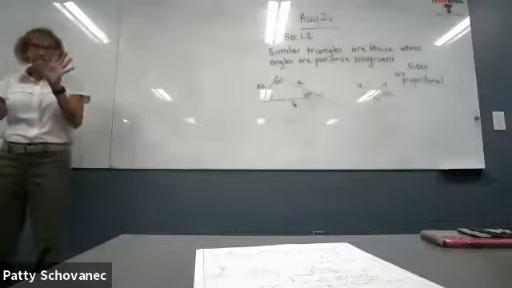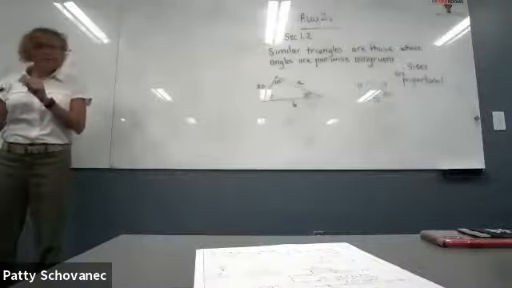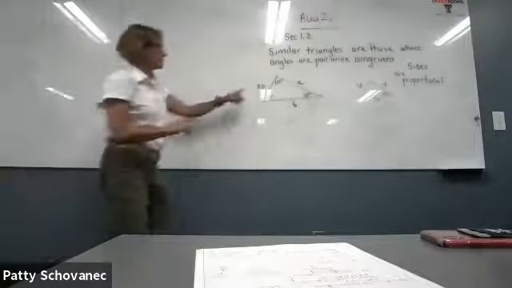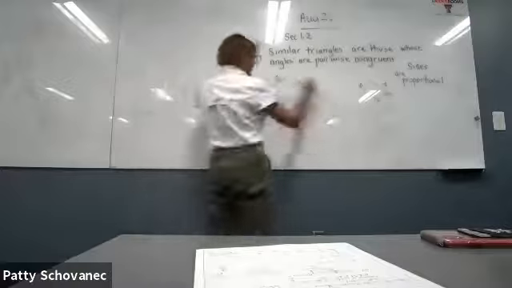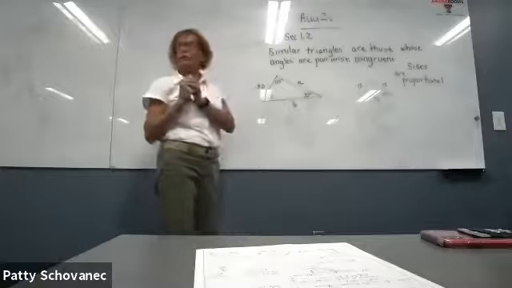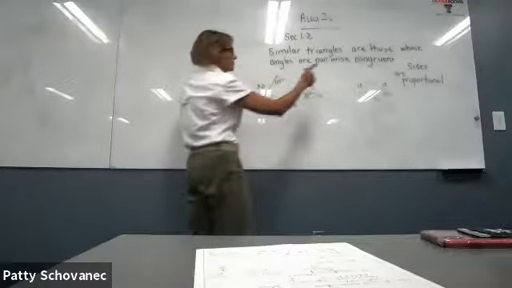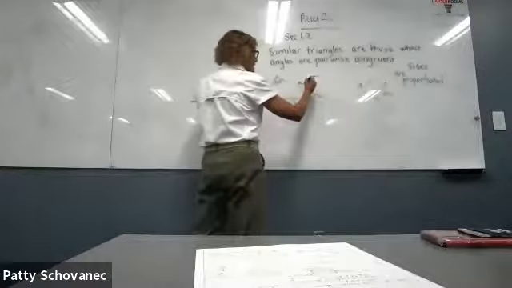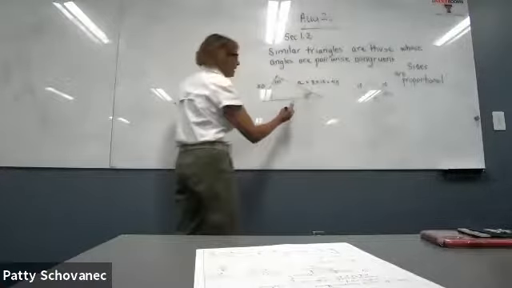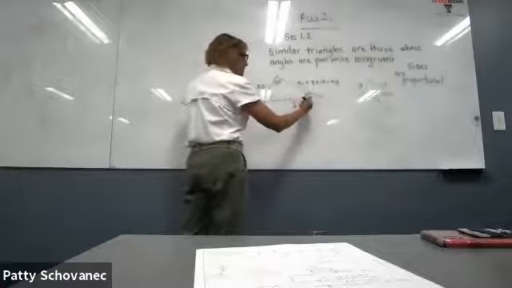Pick nice, easy numbers. What do you think the lengths of A and B would be? Since this corresponds to this side and it's 3 times larger, all of the other sides that correspond are 3 times larger. So 3 times 15, and then here's 3 times 70.